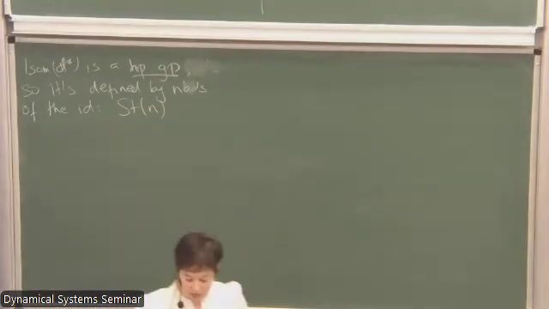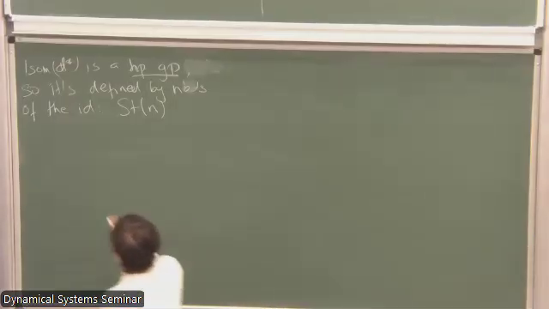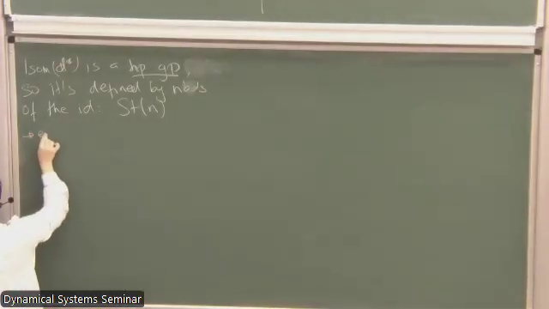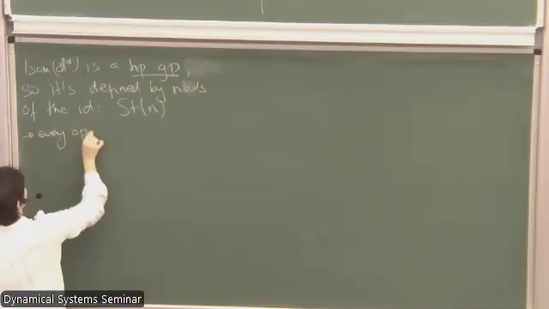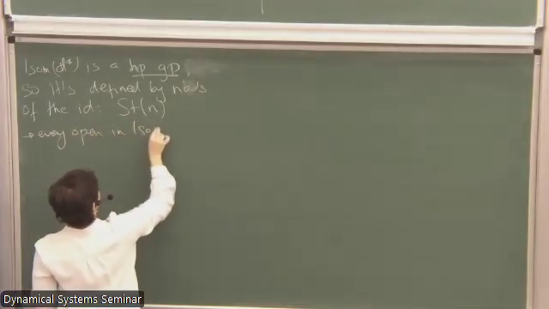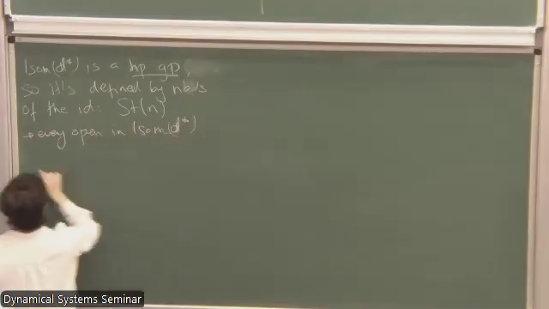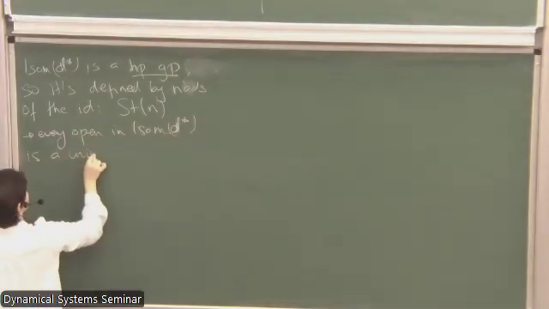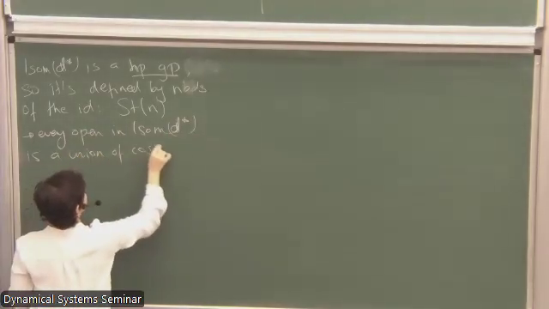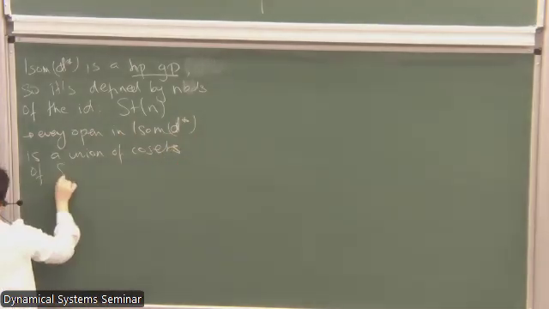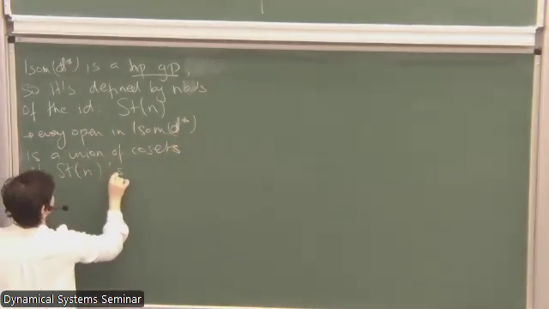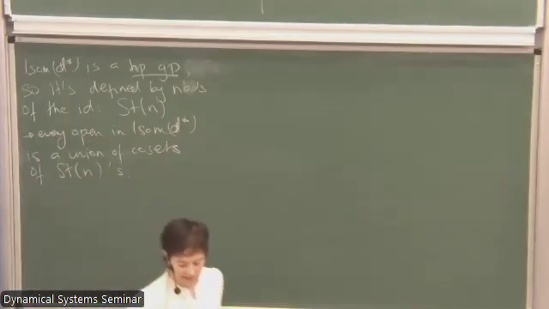This is important. That means that every open set in Isom D star is a union of cosets of STNs, the level stabilizers.